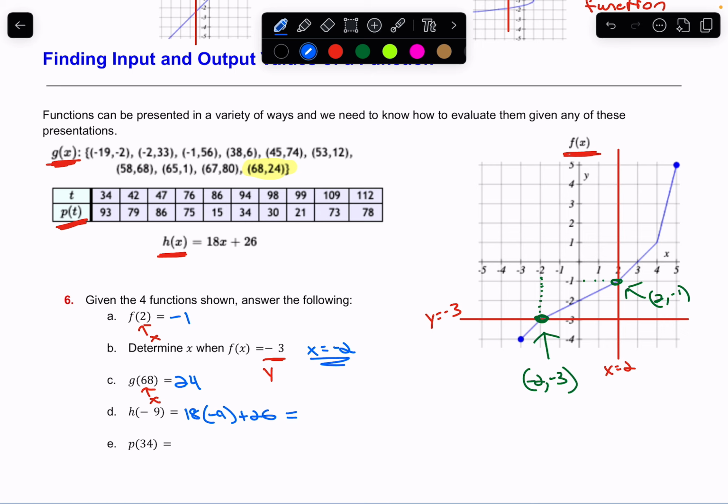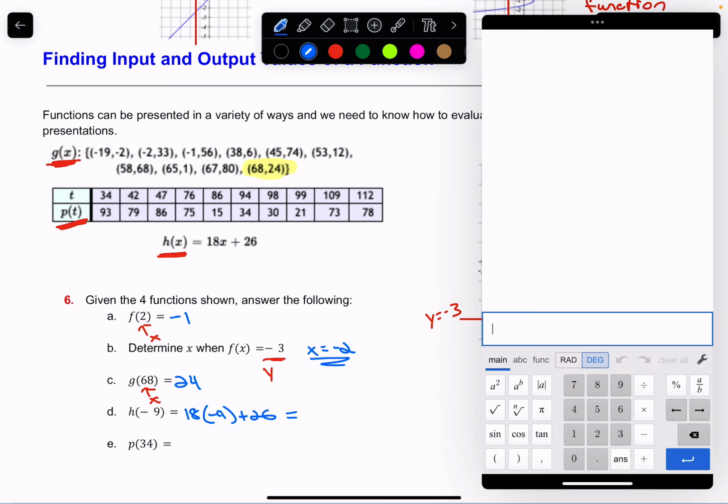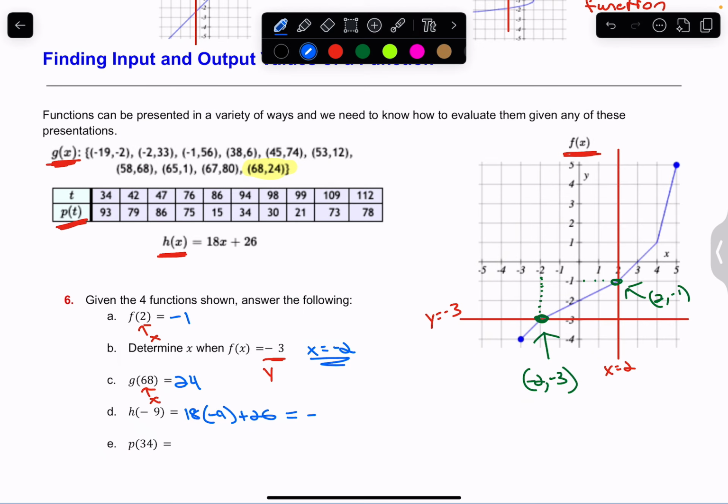When I simplify this it's going to be kind of a big number, so let's pull out a calculator. 18 times, and then I'll put parentheses, -9, gives me -162. If I add 26 to it, I'm at -136. So -136 is going to be our y value. That's the one you are already familiar with, just plugging the x value into the equation.